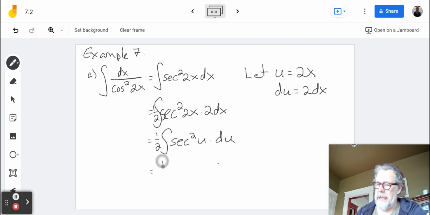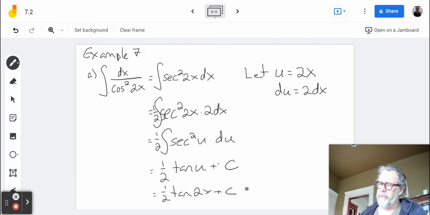Of course, as we said, the integral of, or the antiderivative of secant squared is tangent. So we have tangent of u plus a constant. But u is 2x, so we now write this as 1/2 tangent of 2x plus a constant.